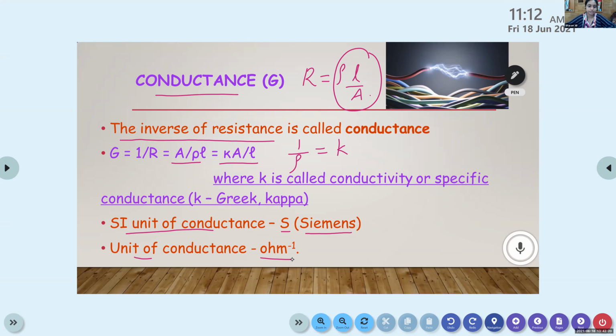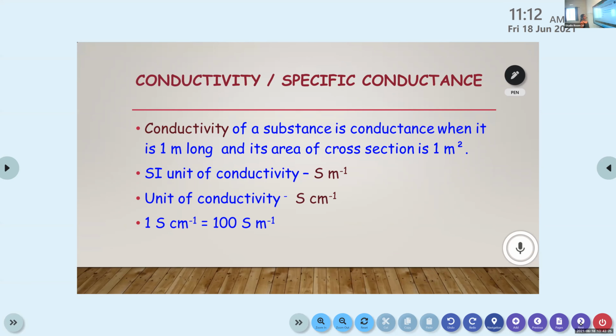Yes, ma'am. Then the next one is conductivity or specific conductance, represented as K, kappa. The conductivity of a substance is the conductance when it is 1 meter long and its area of cross section is 1 meter square.